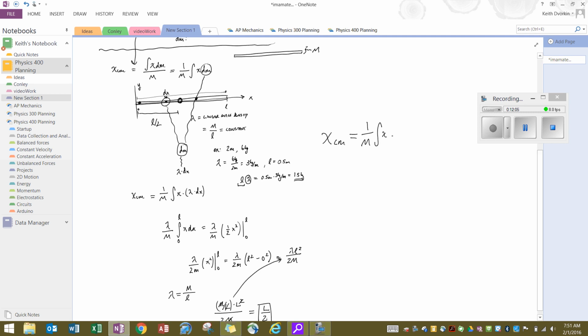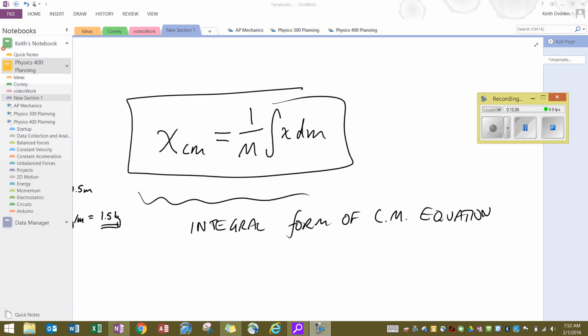So let's look at an example where we use this new integral definition of the center of mass to find the center of mass. Okay, there it is. Let's take it to the next page and let's integrate to find the center of mass of a triangular sheet of uniform material.